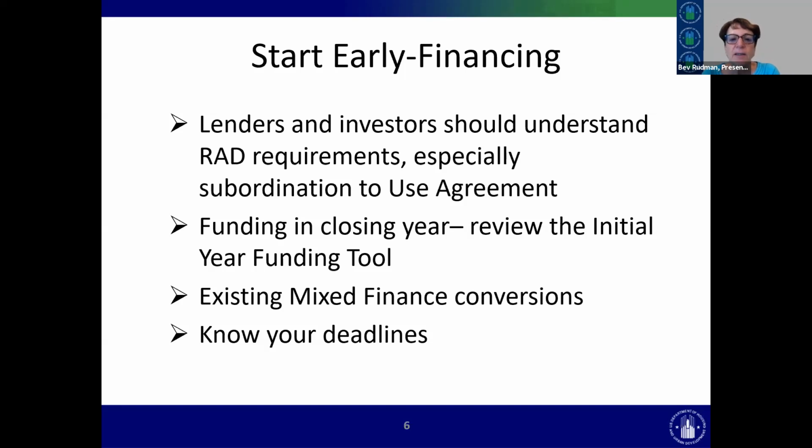For existing mixed finance conversions, that is also a place where this idea of the lender needing to have the use agreement in first position can create a lot of problems and long, protracted negotiations. So again, sometimes with a mixed finance conversion, the property's in good shape, you already have an LLC or an LP, and everything seems like it should go very smoothly.